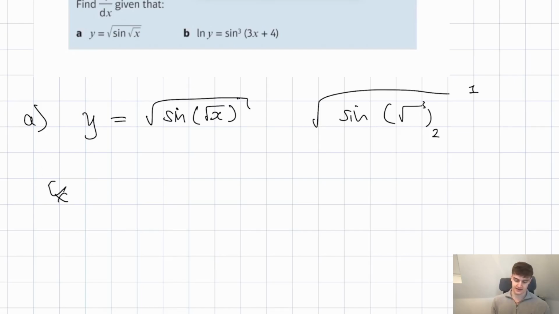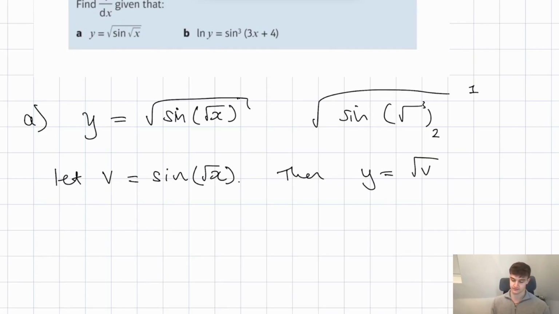So if we let v equal sine of the square root of x, then we have y is equal to the square root of v. Or maybe I'll do v to the half.